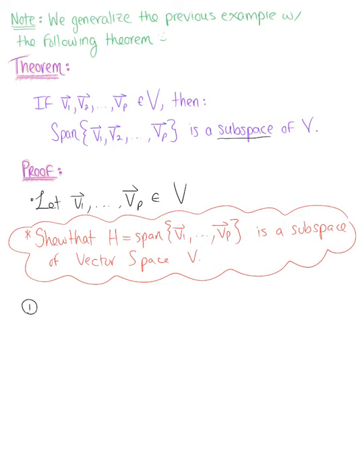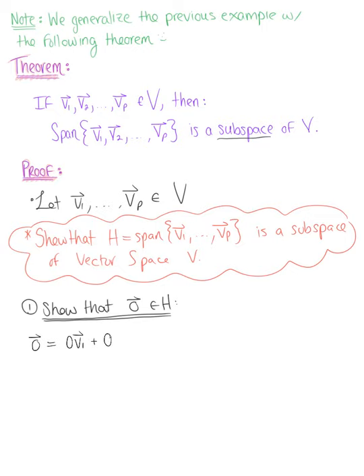So case 1, we need to show that the 0 vector is in the span of these p vectors. To show that the 0 vector is in H, we simply rewrite the 0 vector as a linear combination of the vectors.